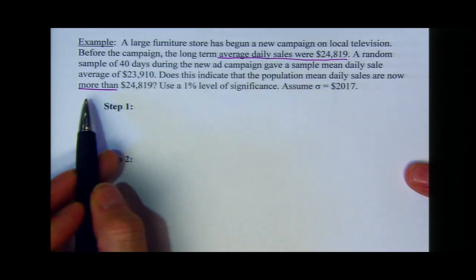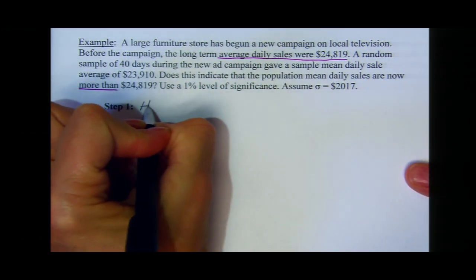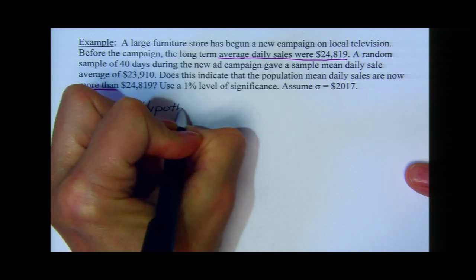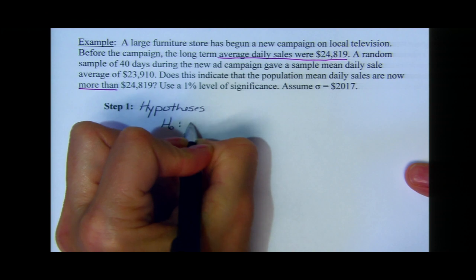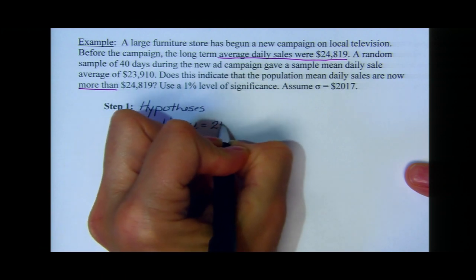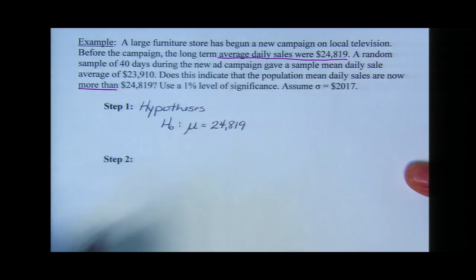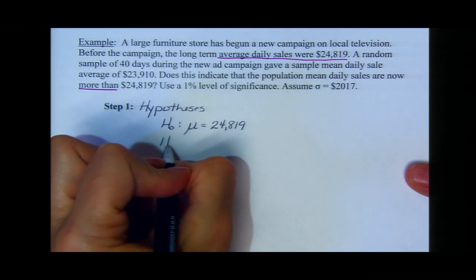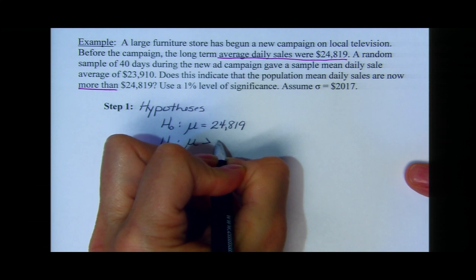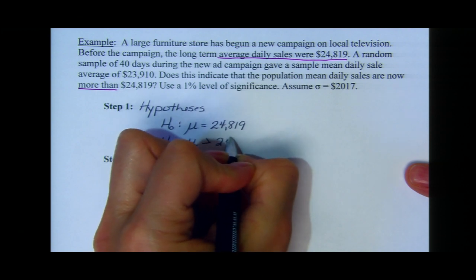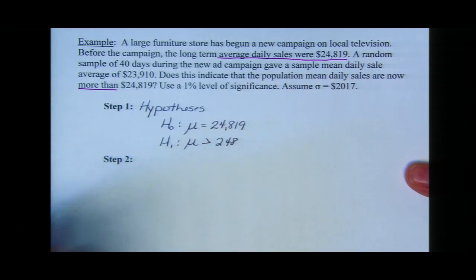Okay, what I've underlined is what is going to help me set up my hypotheses. So my null is that mu is equal to 24,819. My alternate is that mu is more than, or greater than, 24,819.